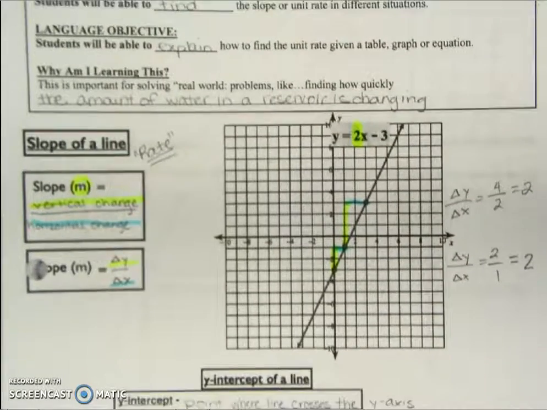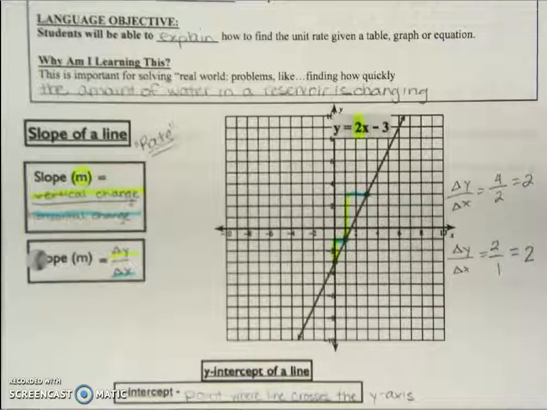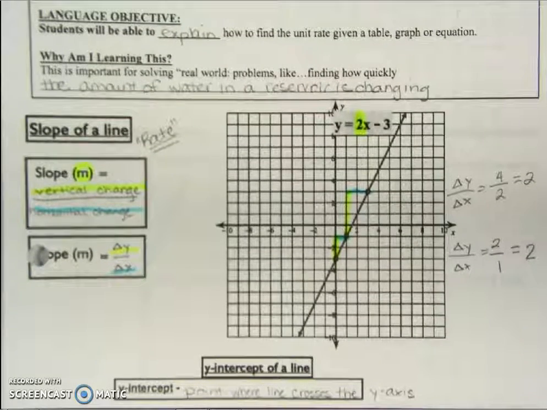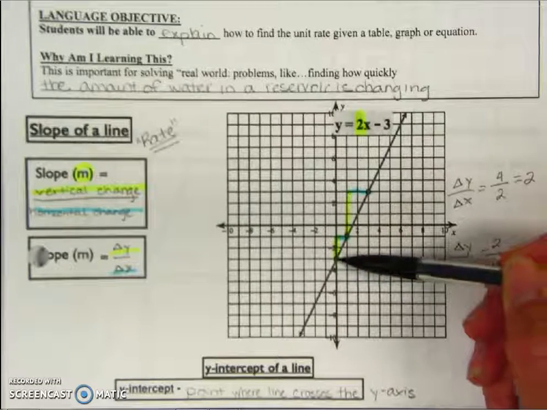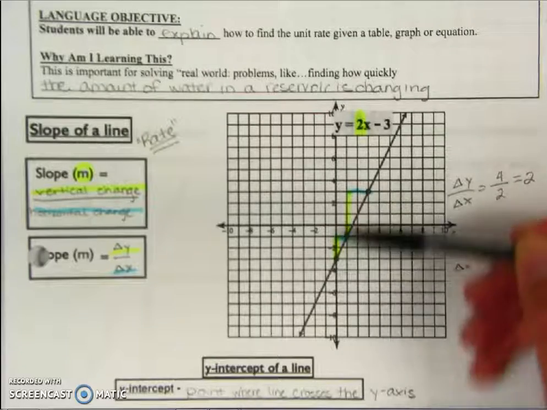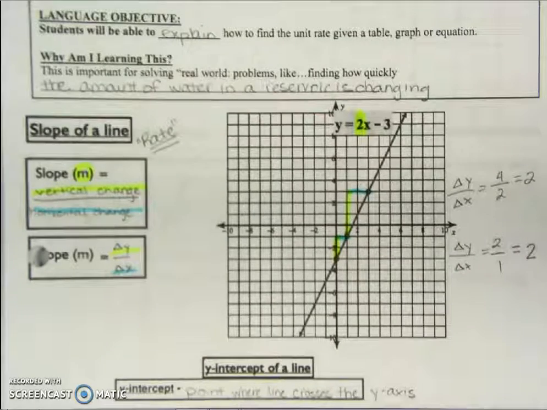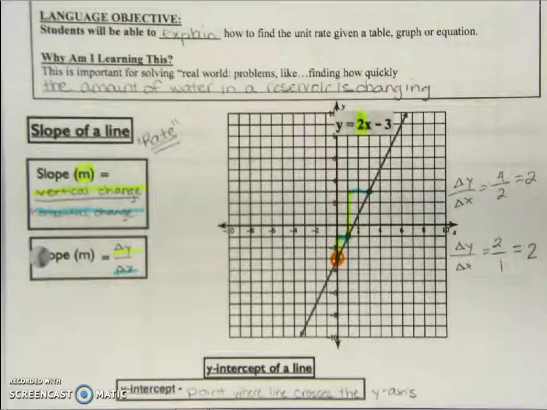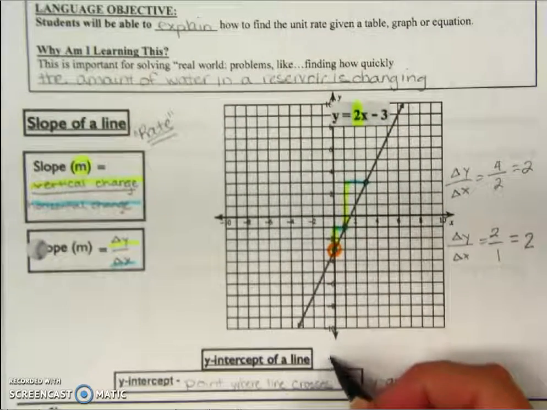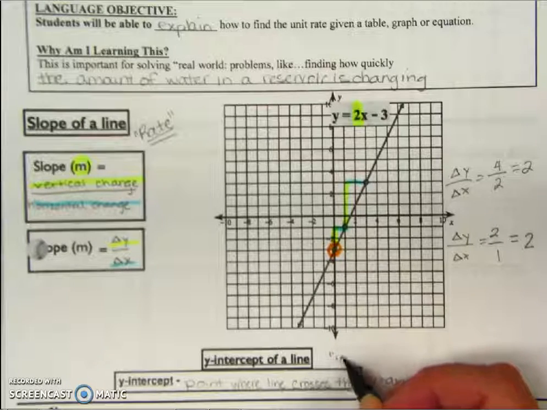Now this other new word today, y-intercept, is the point where the line crosses the y-axis. A y-intercept, if you play football, is like an interception, intercepting the line, catching the line. It's where the y-axis catches the line. So I'm going to circle that point. That should sound familiar. It's the starting point, otherwise known as initial value.